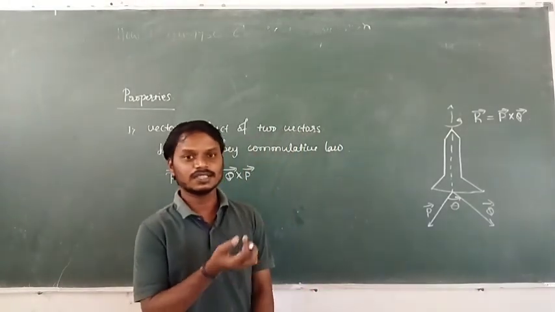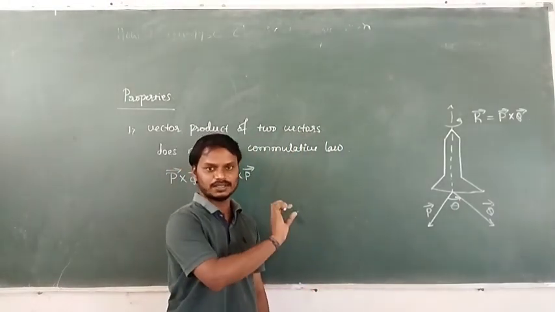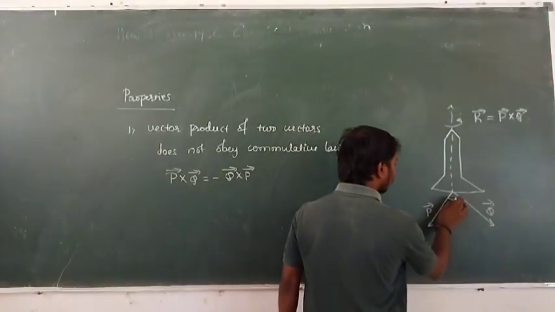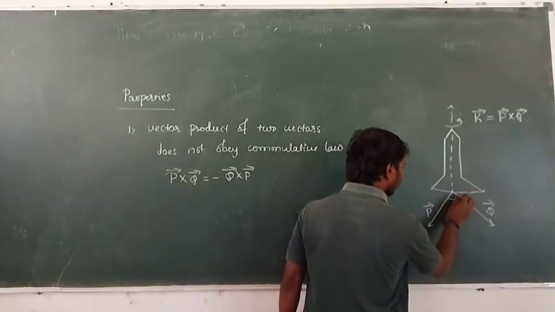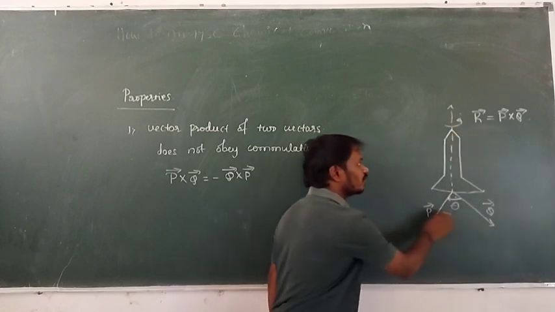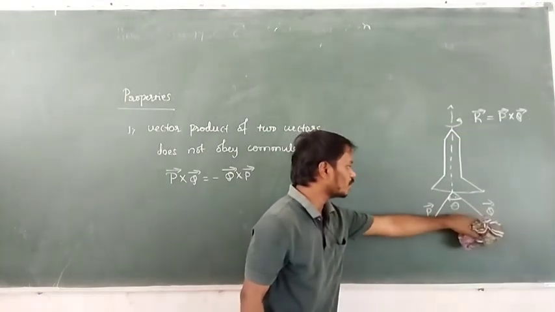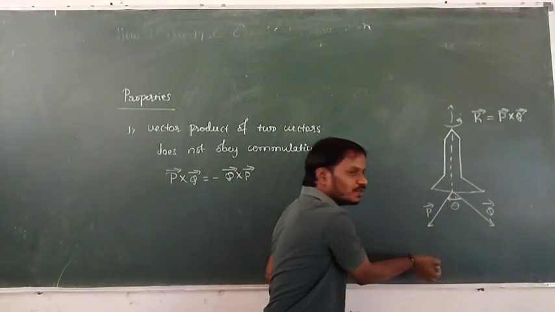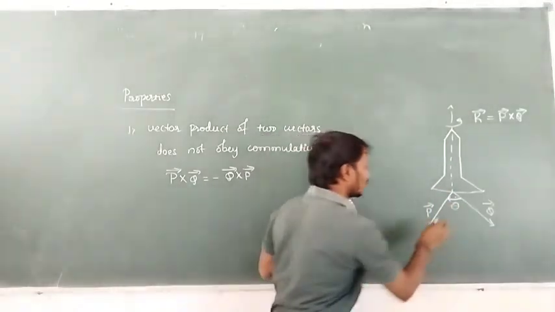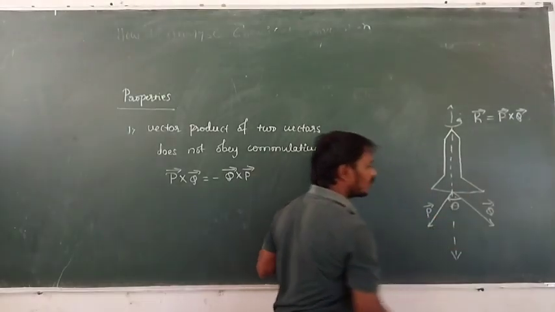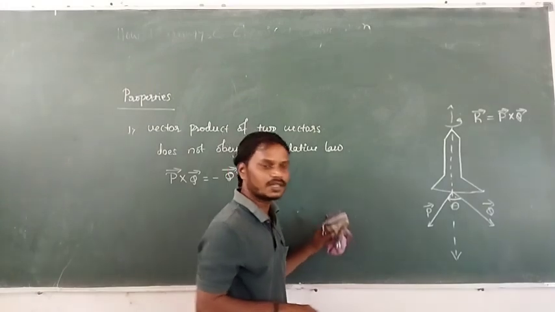Suppose the rotation is from Q to P. Then the tip of the screw will be advanced in which direction? Downward direction. Hence, the cross product of Q and P can be taken in the downward direction.